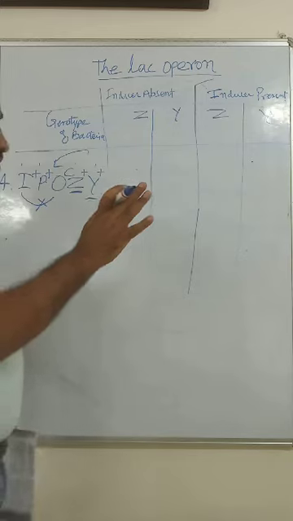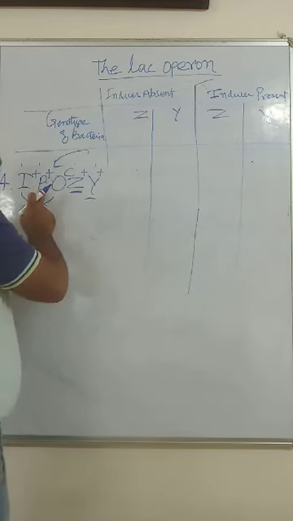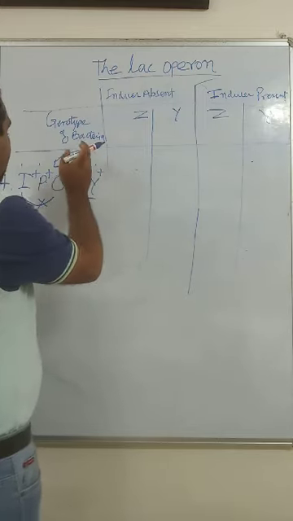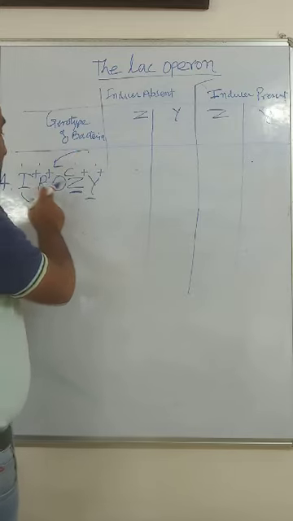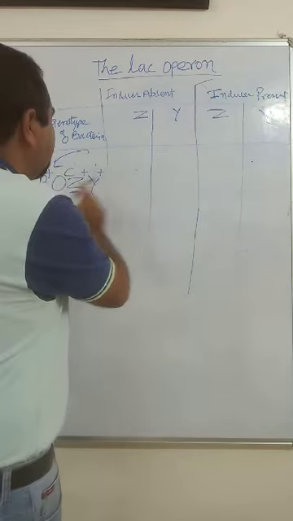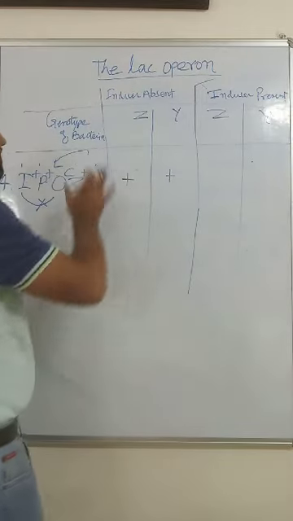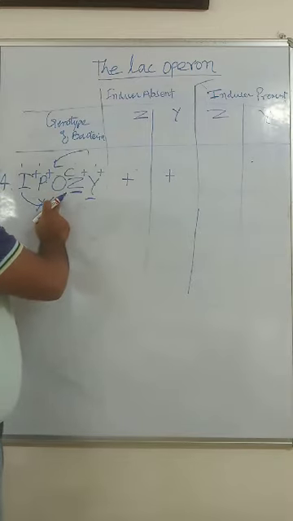Even if inducer molecules are absent, RNA polymerase will bind over promoter, because no one is there to block the binding of RNA polymerase at promoter site, and there will be synthesis of both lac Z and lac Y gene even if the inducer is absent, provided that there is mutation on operator sequence.